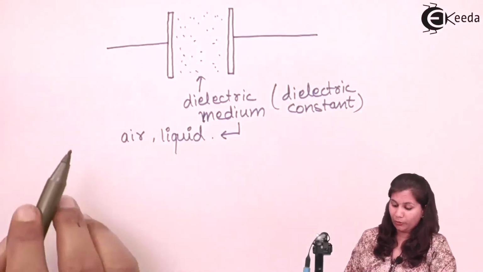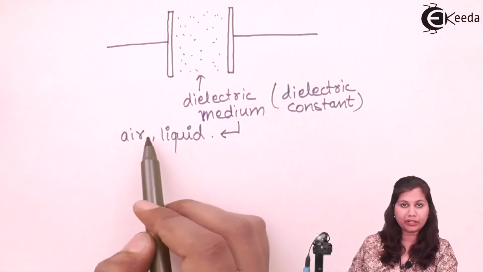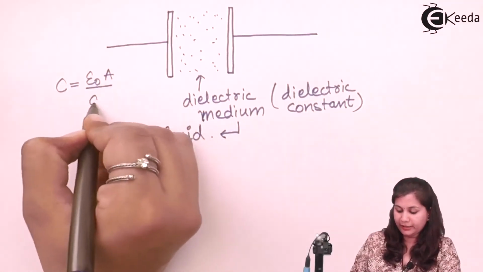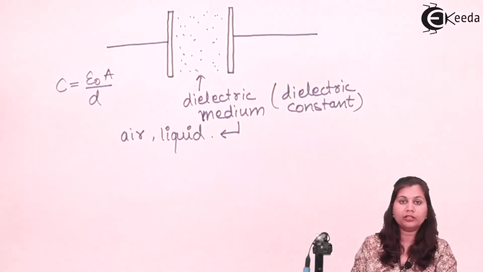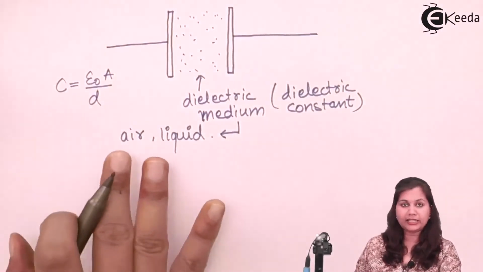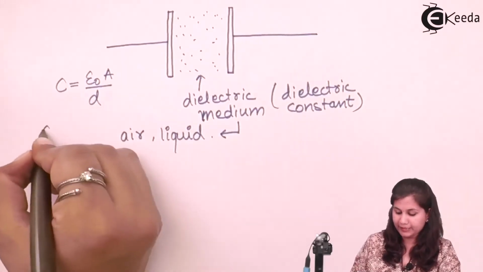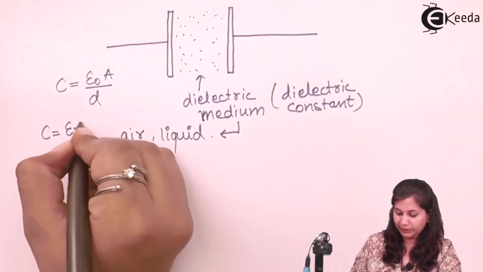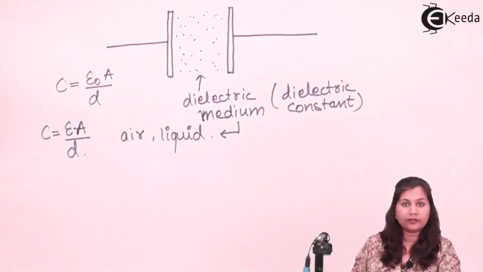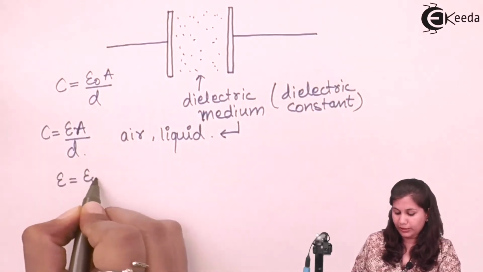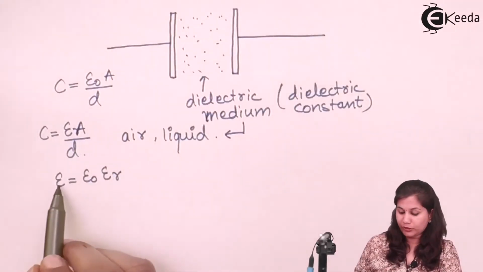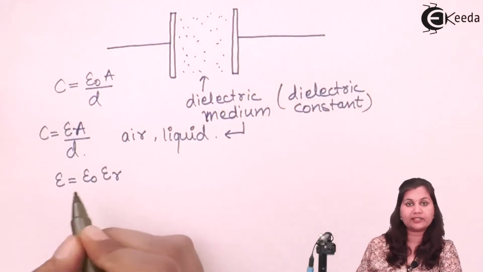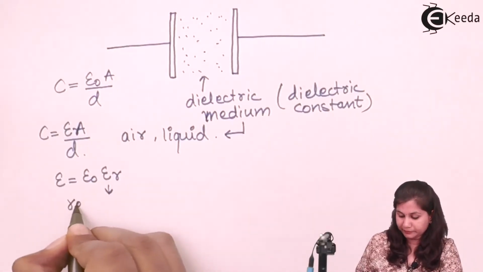When this dielectric medium is free space, capacitance is defined as epsilon naught A by D, where epsilon naught is the permittivity of the free space. If any medium other than air is used, then capacitance is defined as epsilon A by D, where epsilon equals epsilon naught epsilon r. Epsilon naught is the permittivity of the free space and epsilon r is the relative permittivity of the medium.